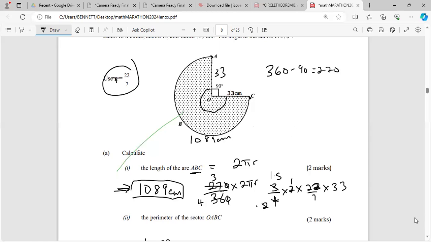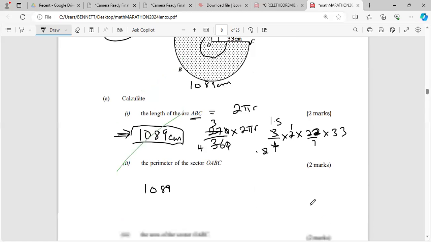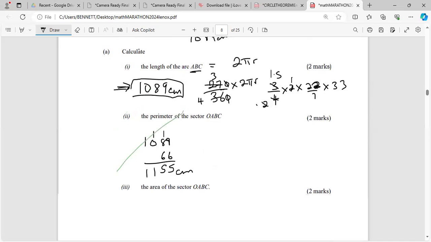So we could just add 66 to this, and that will give us the answer. 6 and 9, 15, 6 and 9 again, 15. And again, it's a length. It's the perimeter, total distance around. And you'd have gotten 4 marks for that. I think that's a lot for 4 marks, but you know.